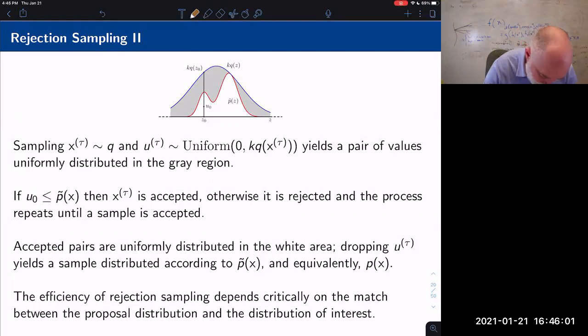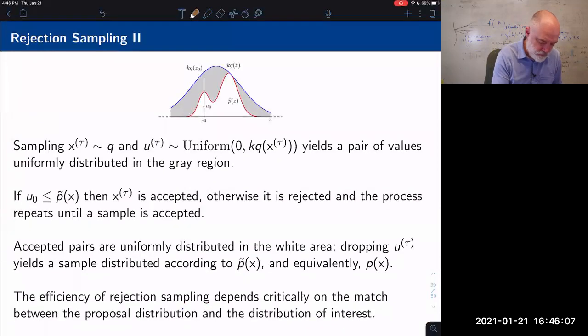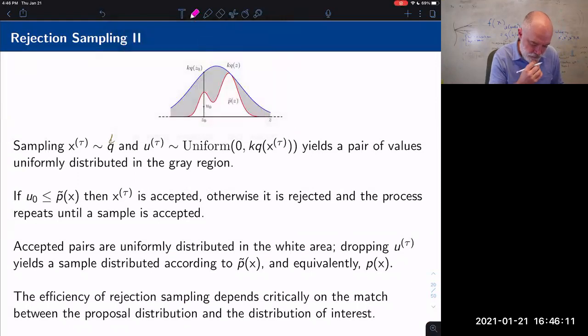So we've got our proposal distribution Q. Let's say the blue line is Q, and we're going to draw a sample from Q. Here's x tau.